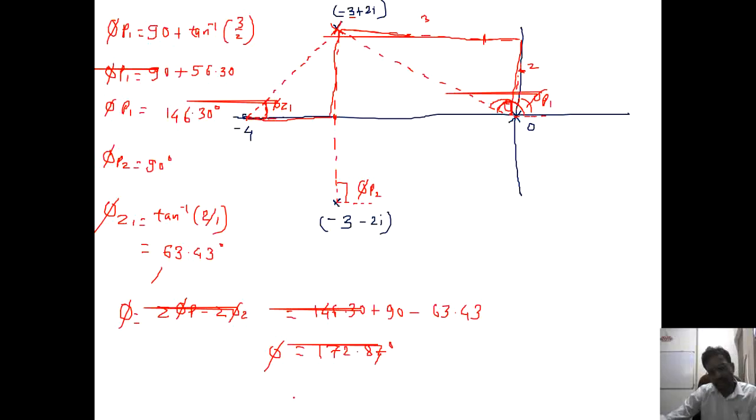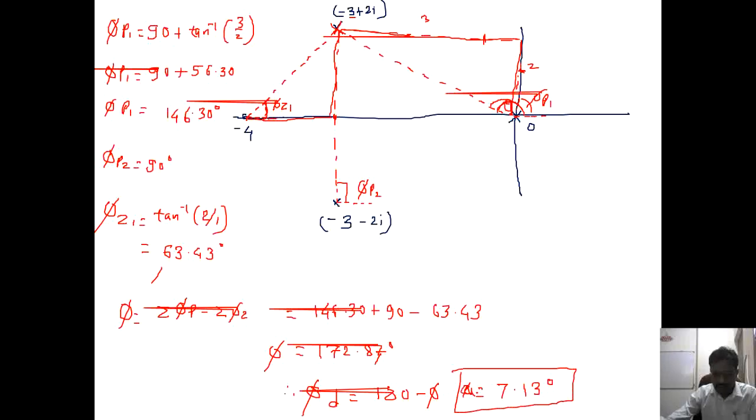Okay, this is phi, and hence phi d is what? 180 minus phi. So 180 minus 172.87 is 7.13 degree. So this is our phi d.